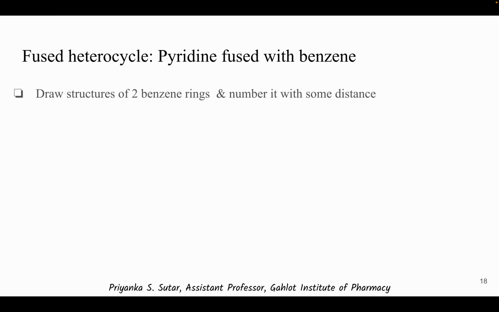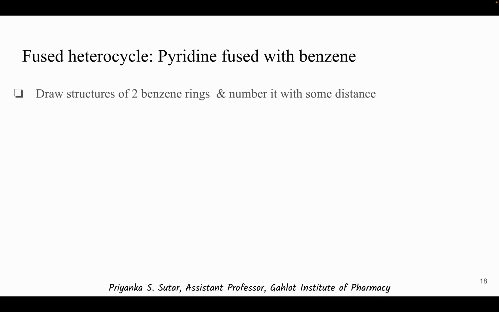Now you see one more example of benzo fused pyridine, but here two benzene rings are involved. Initially in quinoline and isoquinoline, there was only one benzene ring. Now the structure which you are going to see is fused with two benzene rings.